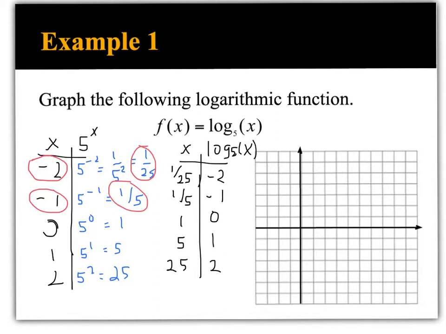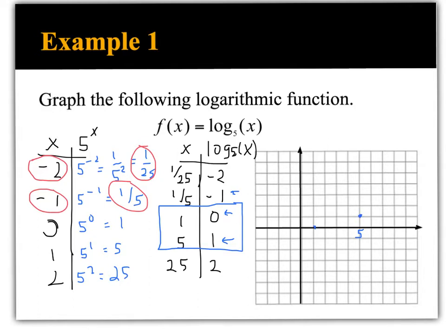And so when we plot this, we can't plot everything, obviously, but maybe this point, maybe not too difficult. This point might not be too difficult, and this. And in fact, when we graph logs, we usually focus on this area. These are the points that we like to graph because we sort of already know what this looks like. We know that 1, 0 would be right here, somewhere around here. And 5, 1: 1, 2, 3, 4, this is 5, so 5, 1 would be about right there.